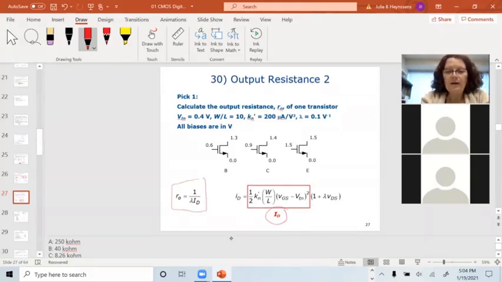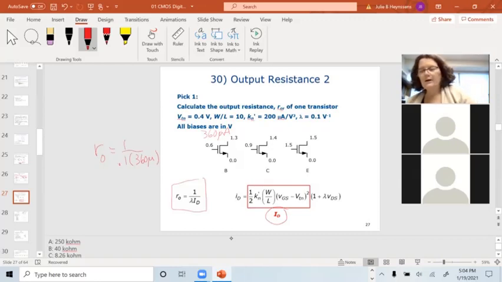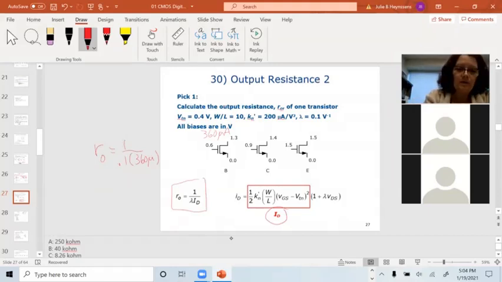Once I know big ID, in this case 360 microamps, calculating RO is relatively trivial. RO is 1 over lambda ID, 1 over 0.1 times 360 micro. You're expecting answers in the kilo ohm range here, and that comes out to be 27.8 kilo ohms.